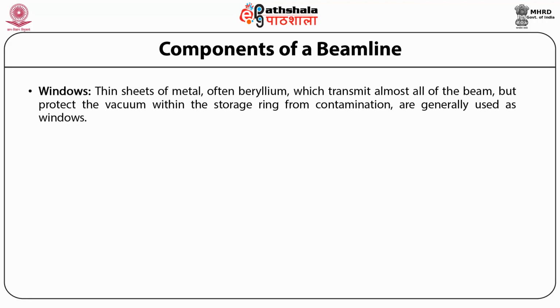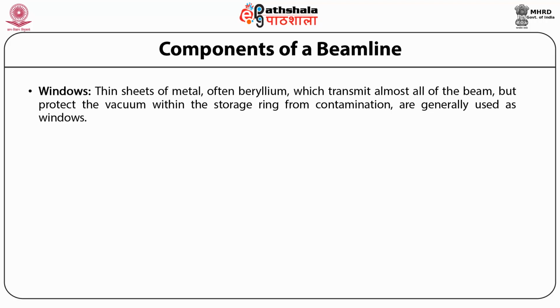The various other components of a standard synchrotron beamline are as follows. Second component is the windows. Thin sheets of metal, often beryllium, which transmit almost all of the beam but protect the vacuum within the storage ring from contamination, are generally used as windows.